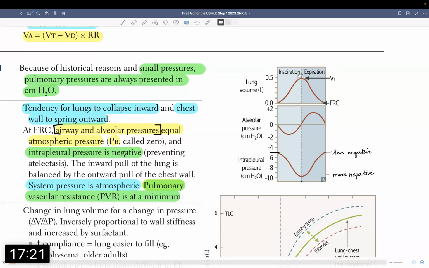And then when we expire, we breathe this out. So that's what is shown here. From 0, which is the functional residual capacity point, the equilibrium point, the volume goes up to 500 ml. That's the max tidal volume usually. And then when we expire, we breathe it out and come back to this resting equilibrium point.